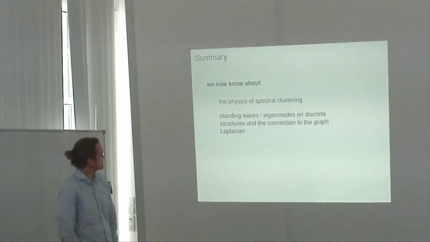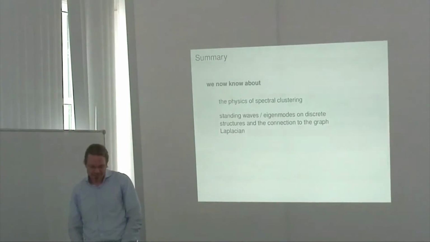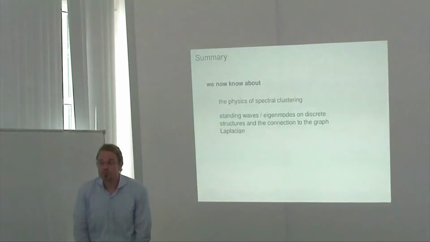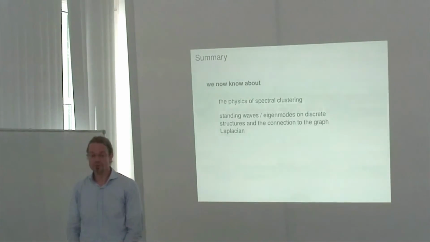Oh boy, that's actually all for today. I thought those videos would take more time. You now know what it is you are doing when you are doing spectral clustering.